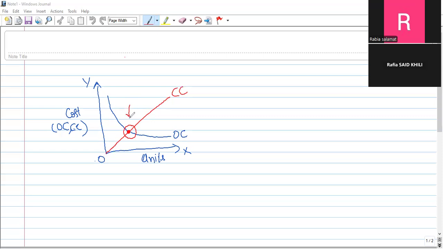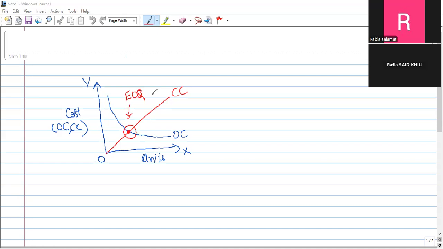At which point they intersect, this point is known as EOQ. This is your EOQ point. So what we conclude is at EOQ, ordering and carrying cost are always equal and minimum possible.